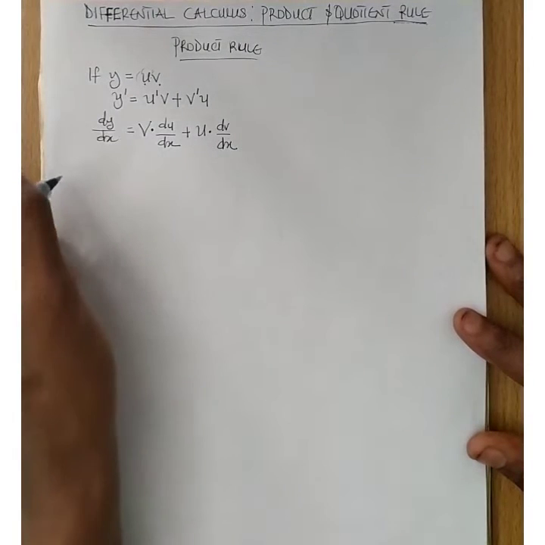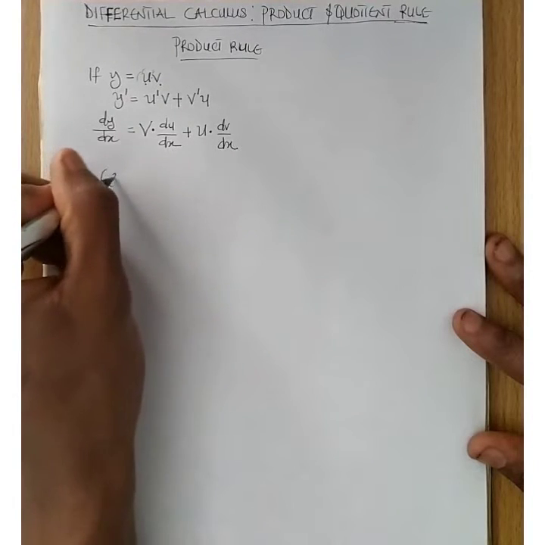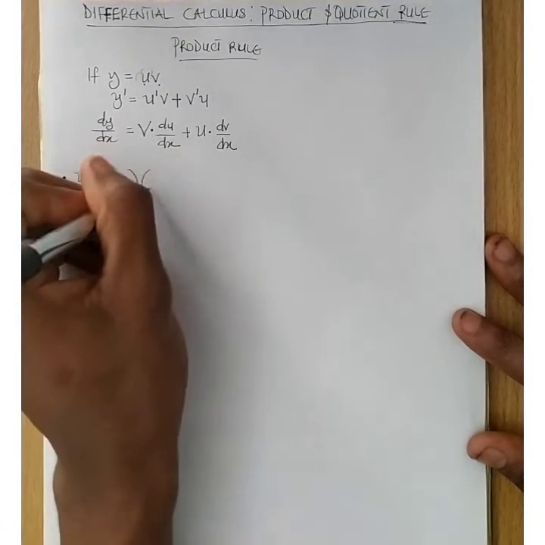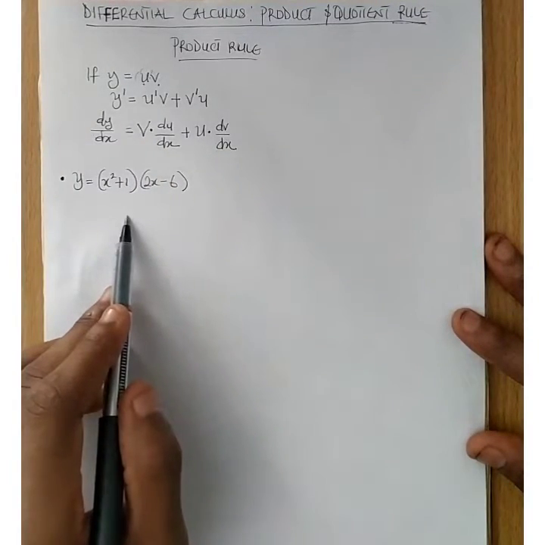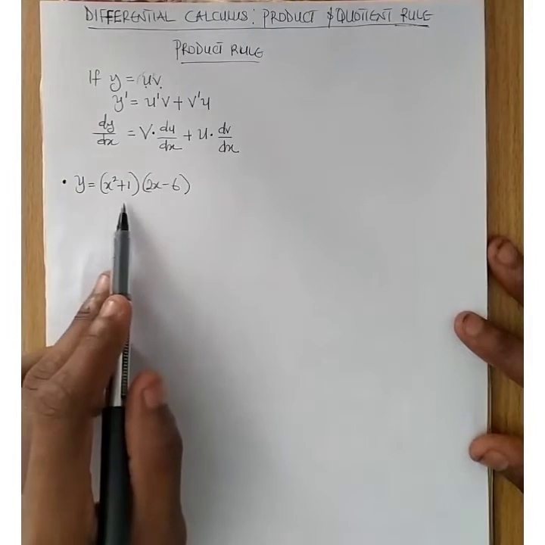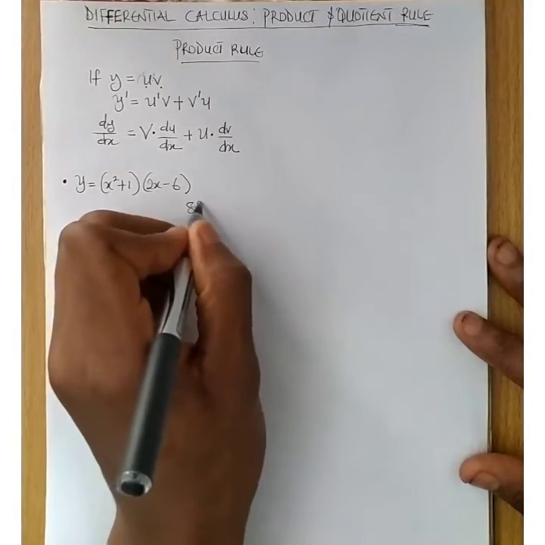Now, we are going to solve this problem. They say we should find the derivative of this function. And if you look closely, it seems that these two functions are multiplying themselves. So we can use product rule to solve them. So I can say solution.